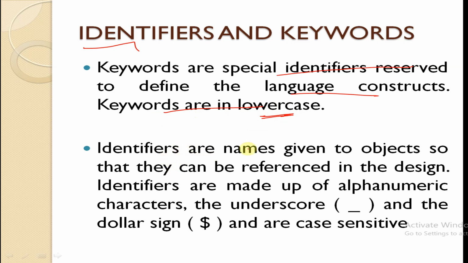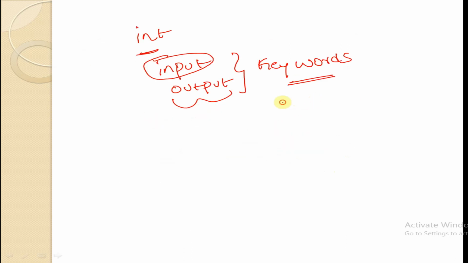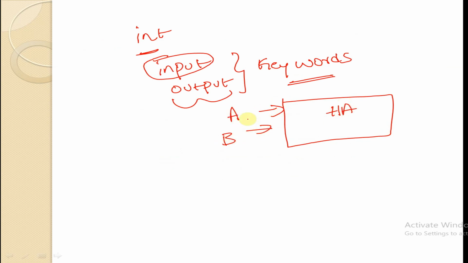And coming to identifiers, identifiers are the names given to the objects so that they can be referenced in the design. For example, let us again consider our half adder example. If we have two inputs and two outputs, then we should give some name to the inputs and outputs, right?